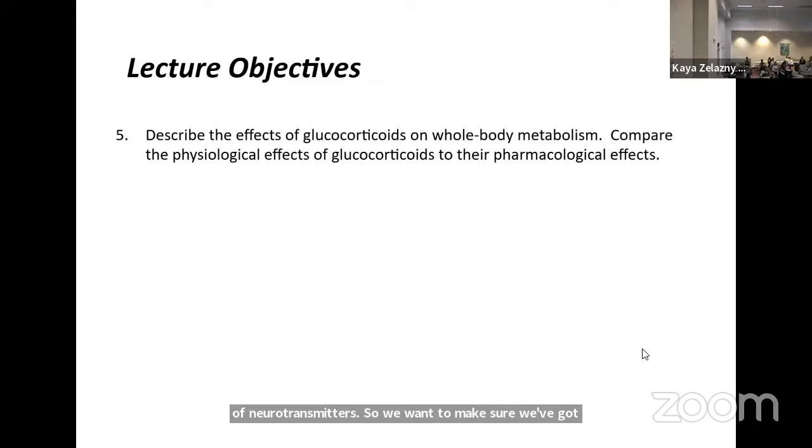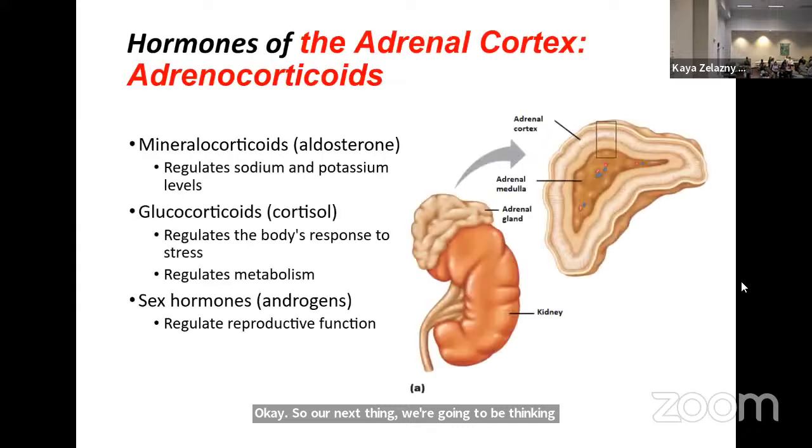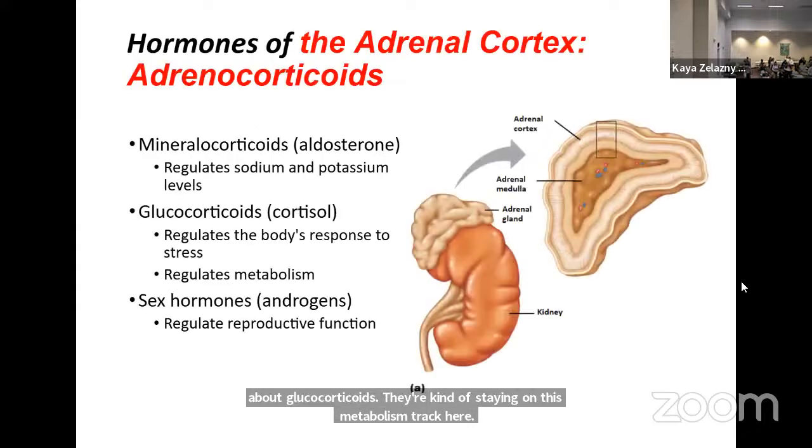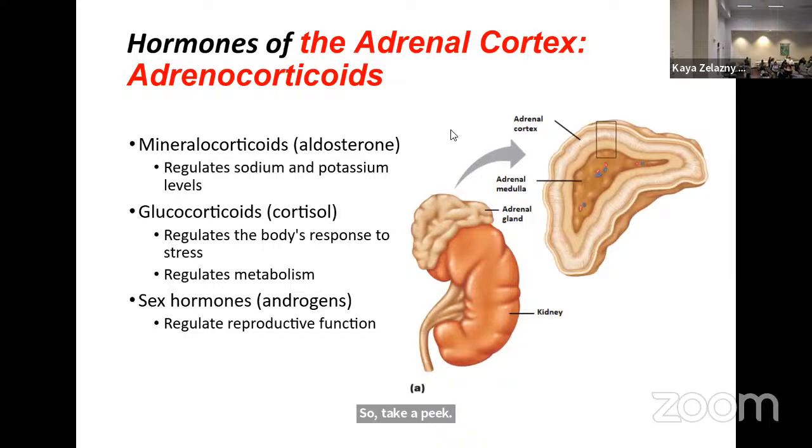Okay. So our next bit, we're going to be thinking about glucocorticoids. We're kind of staying on this metabolism track here. So I'm going to take a peek back at the adrenal gland. We're going to take a bit of a more detailed look right now than we did before.